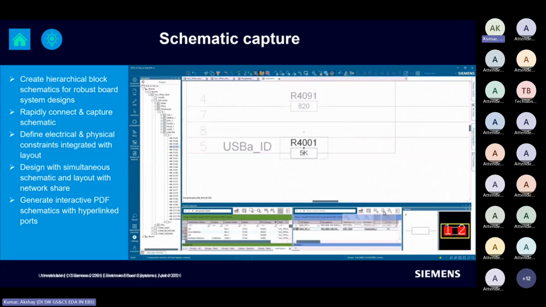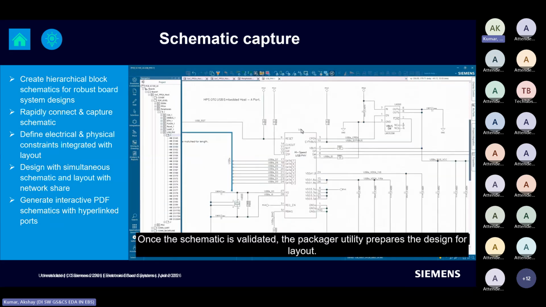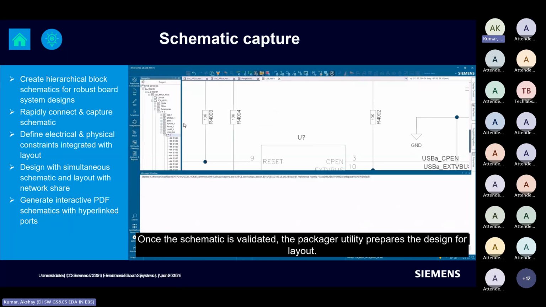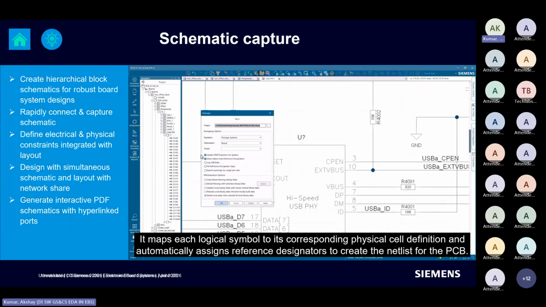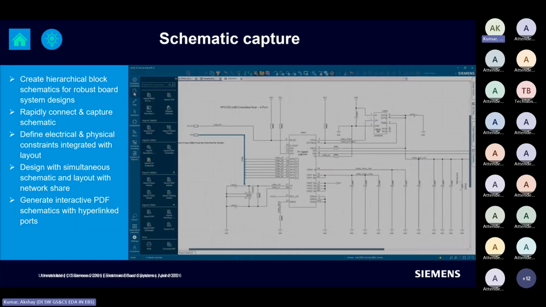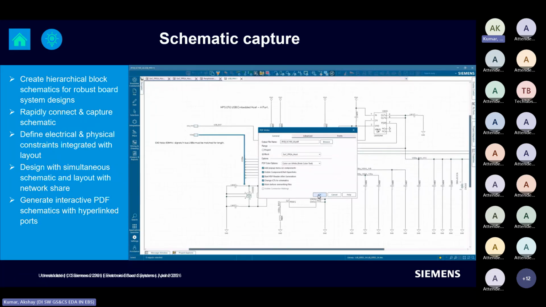And then it also allows you to simultaneously work on schematic and layout when the project file is shared across team members. With that, you also get another advantage, which is an intelligent PDF generated from your schematic. When I say integrated intelligent PDF, that means when you generate a PDF, you get exactly the way that you are working on the schematic.